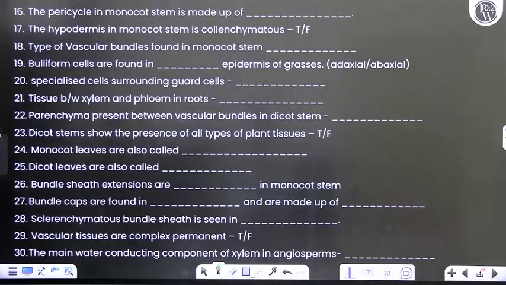The pericycle in monocot stem is made up of hypodermis and monocot stem is collenchymatous. Okay, read the question yourselves and answer it quickly. Oh, hating is Harini.